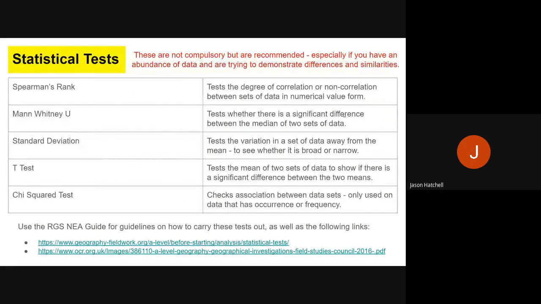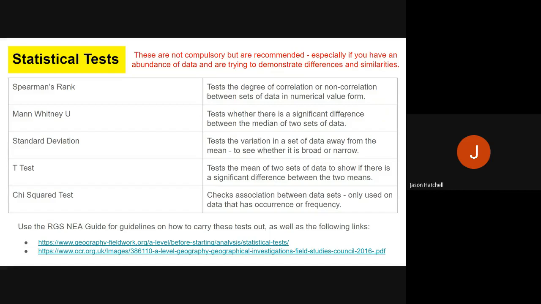So, in terms of statistical tests, there are plentiful out there you could use. They're also not compulsory, but are recommended, especially if you have an abundance of data and are trying to demonstrate differences and similarities between, for example, different locations or streets. So I've picked out 5 of the main statistical tests, which are level 4 skills that you could use. So Spearman's rank.